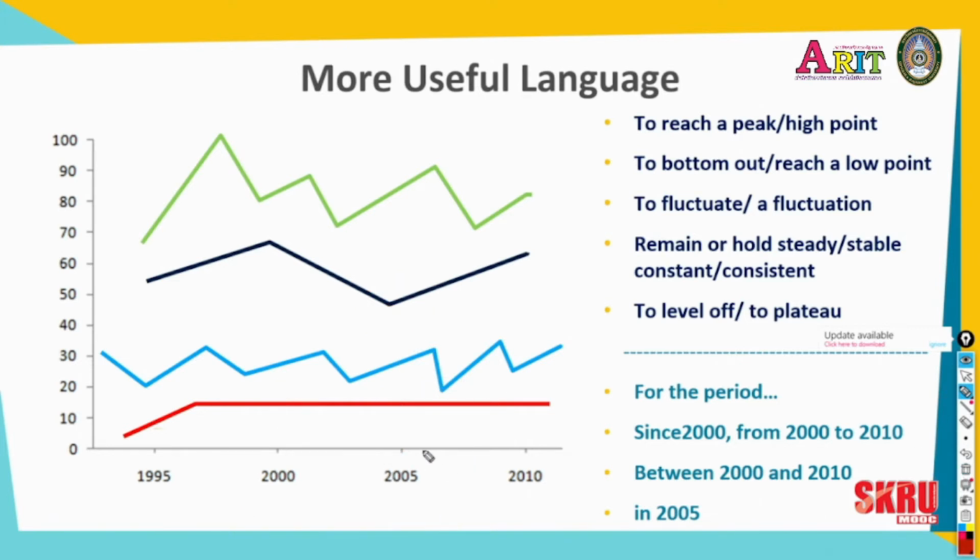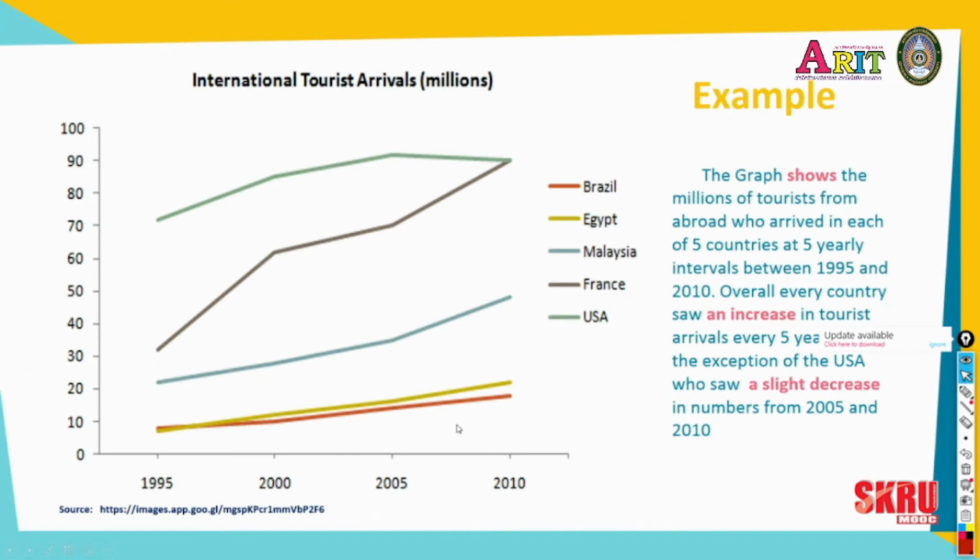The next type of chart we want to look at will be pie charts, but I just want to give you an example of using line graphs to describe one. So let's take a look. This is the original chart we looked at.